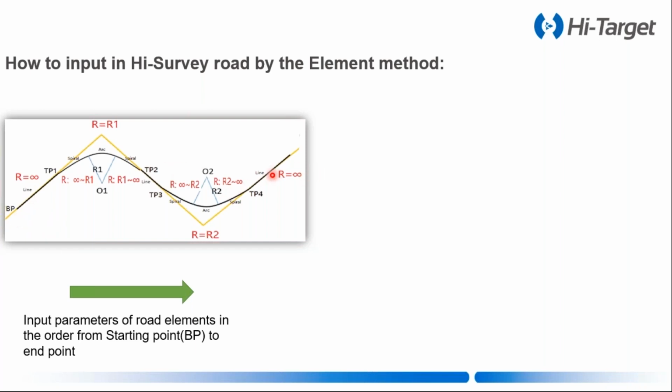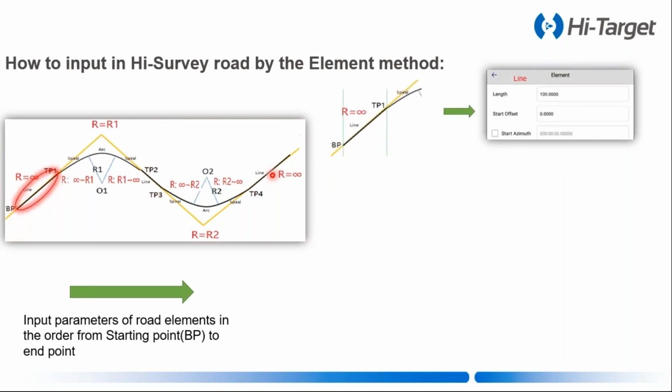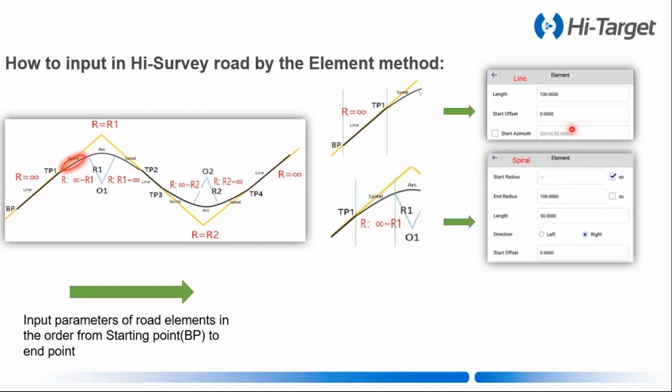Let's do it. The first step, after we input the starting point, the next part is the straight line here. We just input the length of the straight line. Okay. Then the next part is the spiral curve.